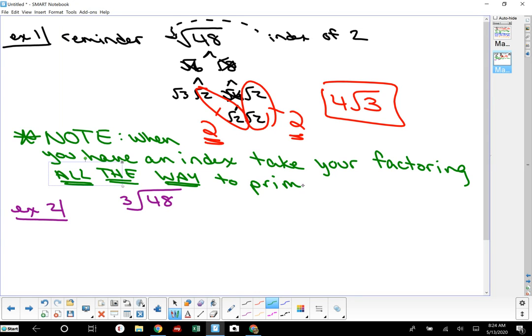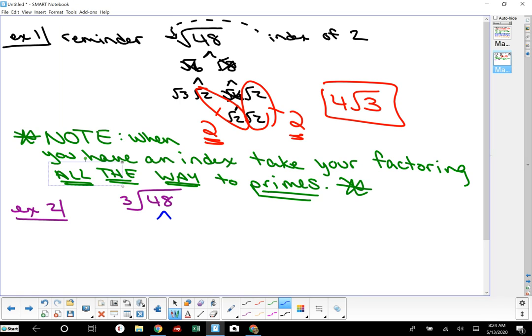There is no such thing anymore as the square root of 4 because you're taking a cube root. So you can't just simplify a 4 to a 2 or a 36 to a 6. You can't do that. So this is super important. Make sure that you take these things all the way down to prime factors.